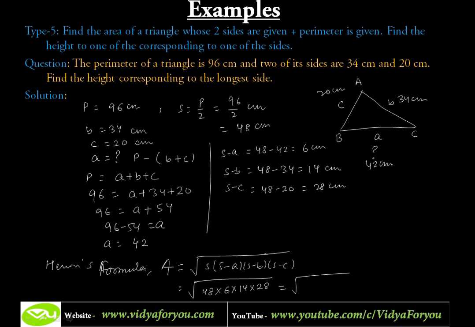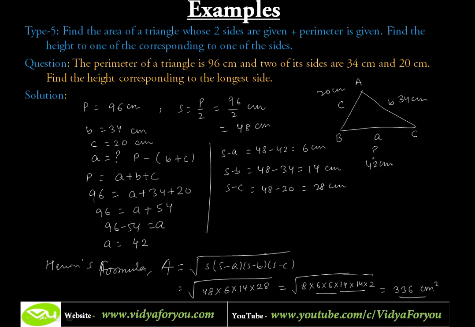So 48 you can write like 8 into 6, we already have 6. Keep 14 as 14 and 14 into 2. And 8 into 2, 16. So you'll get a very simple value. Once you take square root, you will get this as 336 centimeter square.